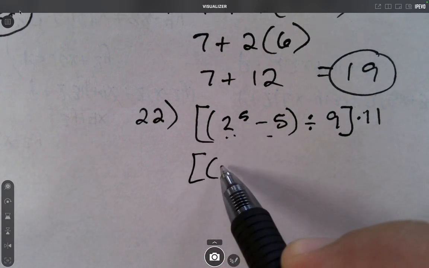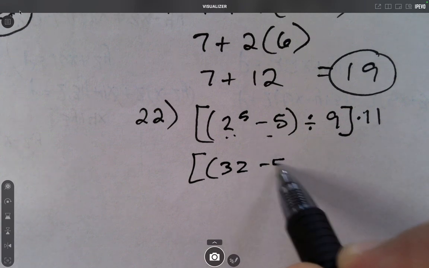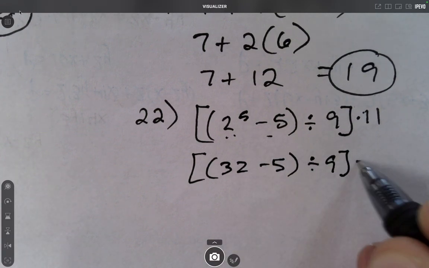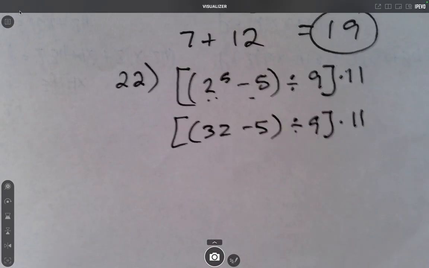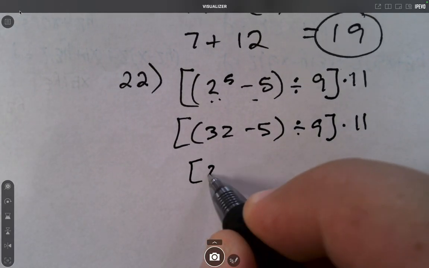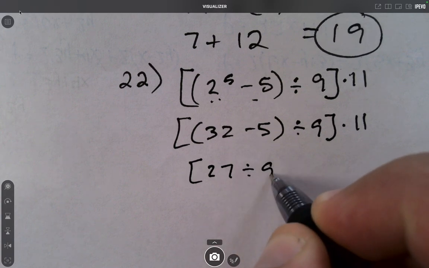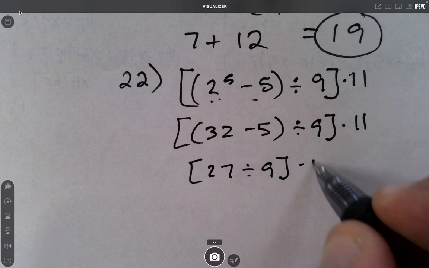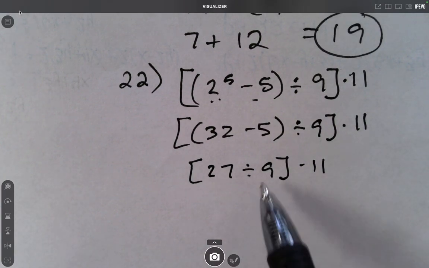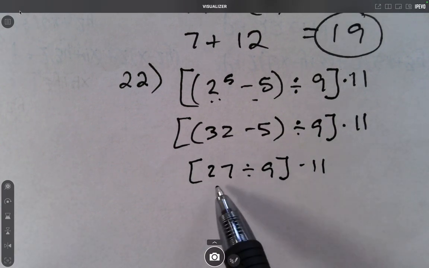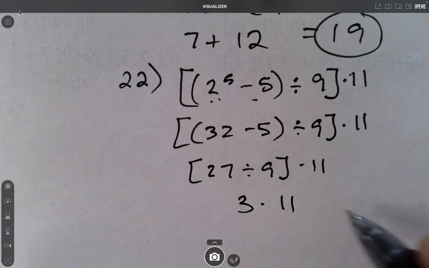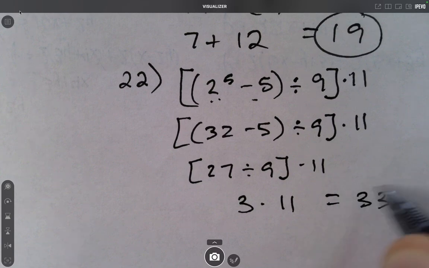So 2 to the 5th is 32. 32 minus 5 is 27. Because we had to keep going inside those parentheses. So now we just look at these parentheses, the brackets. 27 divided by 9 is 3. And 3 times 11 is 33.